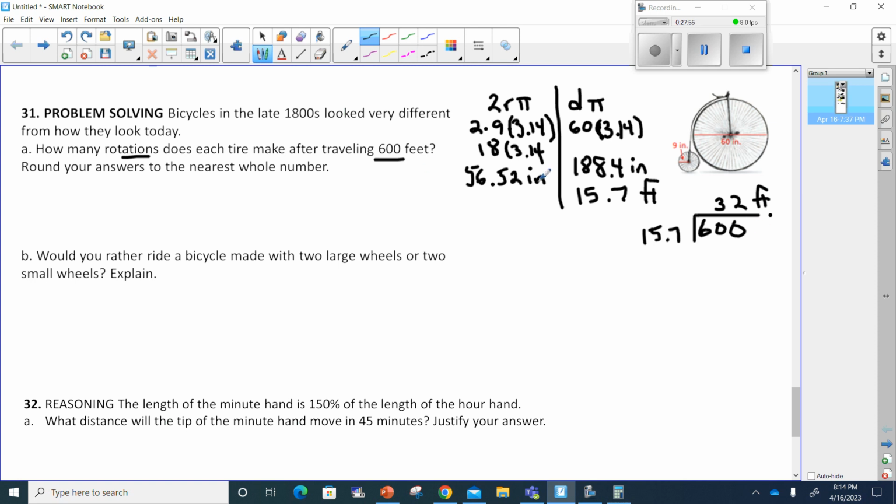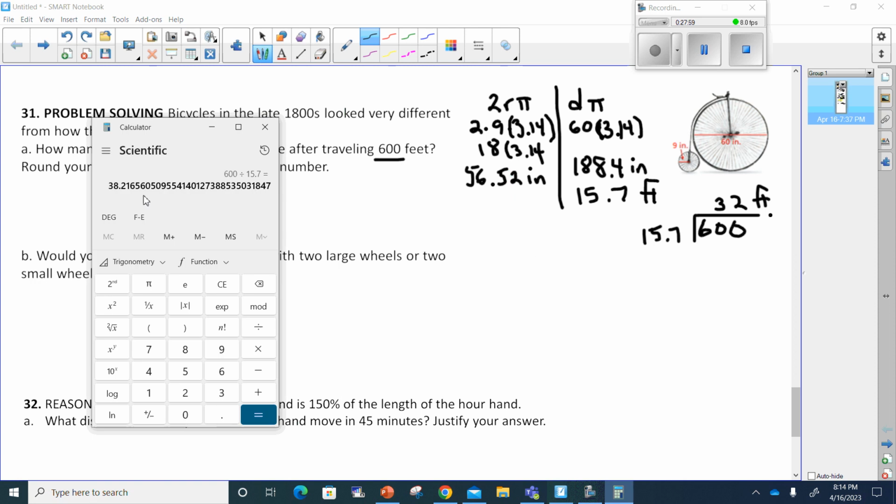All right, let's try the small one now. Again, we've got to divide this by 12. So we're going to take 56.52 and divide it by 12. This gives us 4.71.